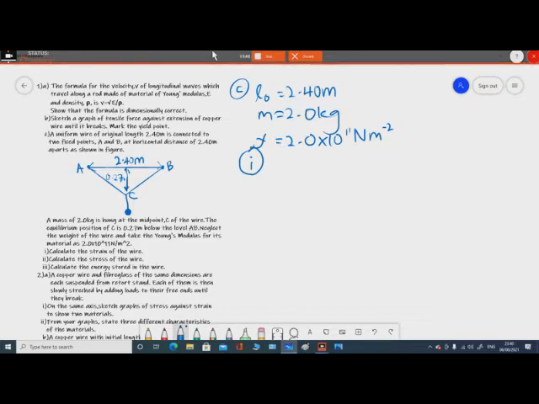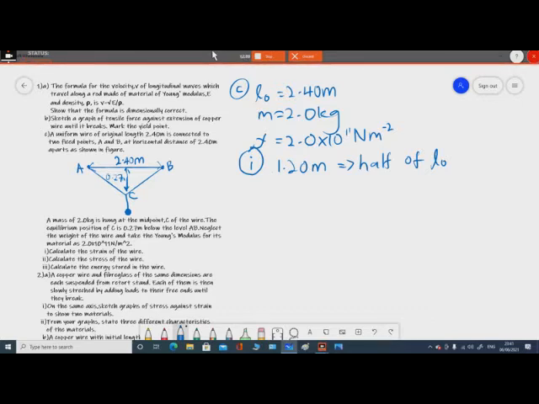Let's take this part for our calculation. Half of the original length is 1.20 meter, which is half of L0.